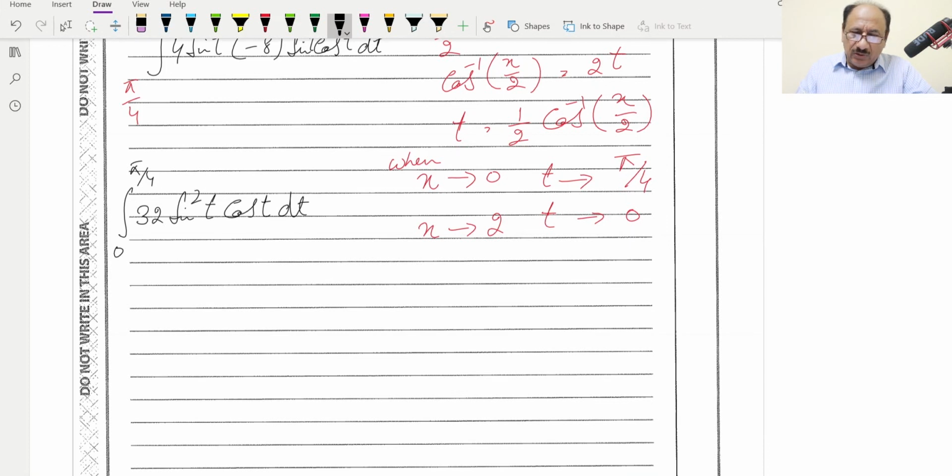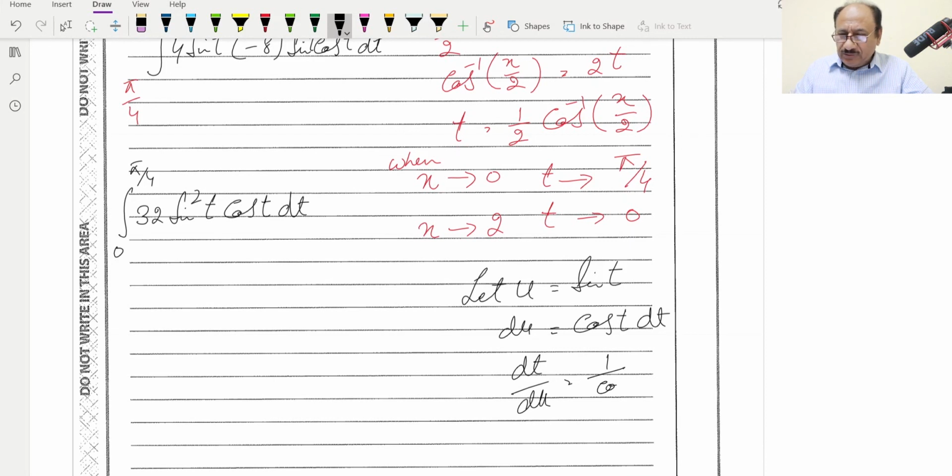To integrate this one, we can suppose let u is equal to sin t, and du will be equal to cos t dt, so dt over du will be equal to 1 over cos t.